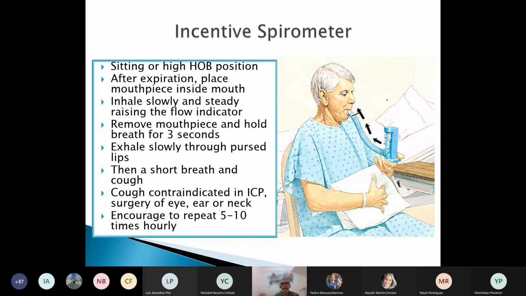Then the patient breathes out through pursed lips, without the device in the mouth, until emptying the lungs, and then can do it again.